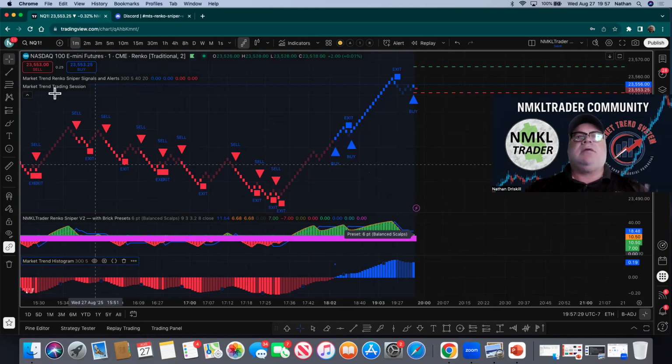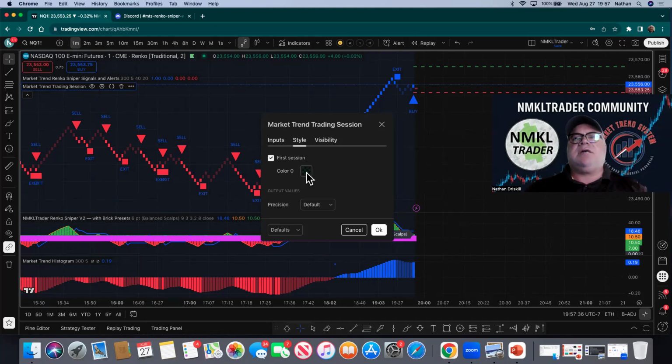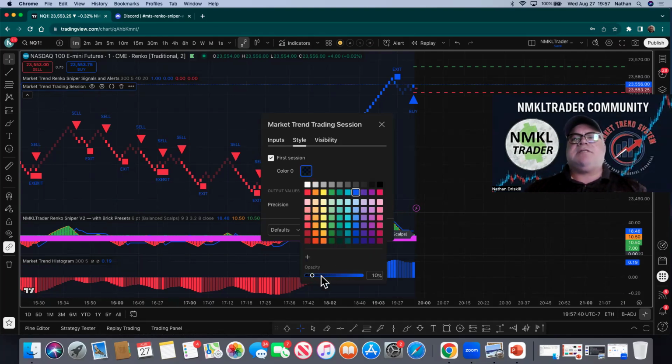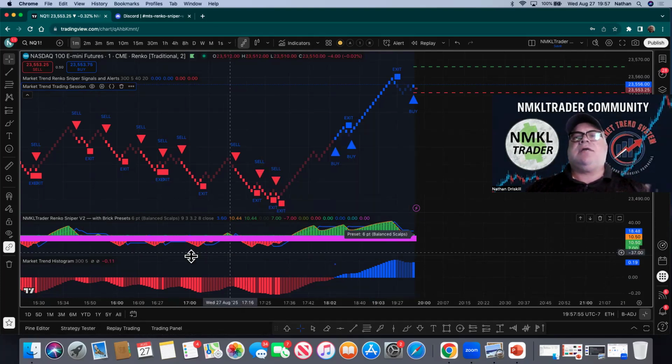And then for the market trend trading session, you always want to go in there and change that style to blue, bring up the opacity somewhat, so you can see the shaded background for the session. The inputs, you don't really have to do anything with them. Let's go ahead and click OK on that.